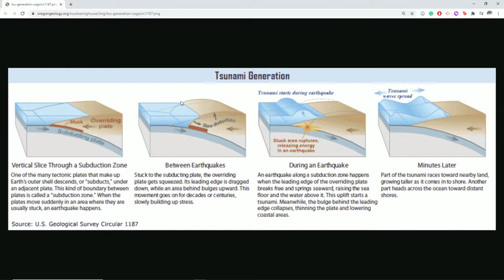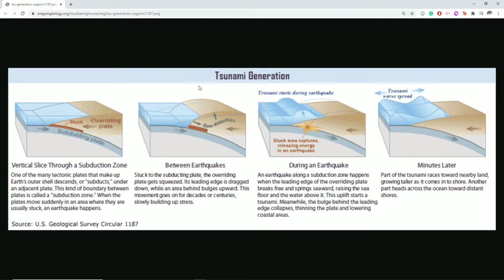Now, it's not only an asteroid, it can also be, as shown here, a sudden jolt in the Earth's crust through the tectonic plates that will force all that water physically up, depending on how much that shift made a difference in the tectonic plates.